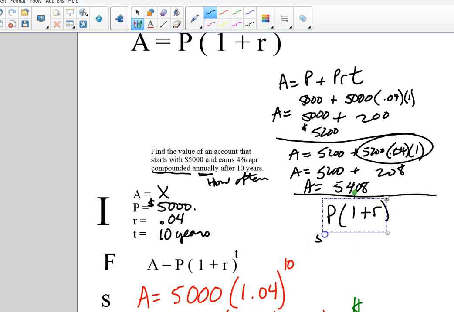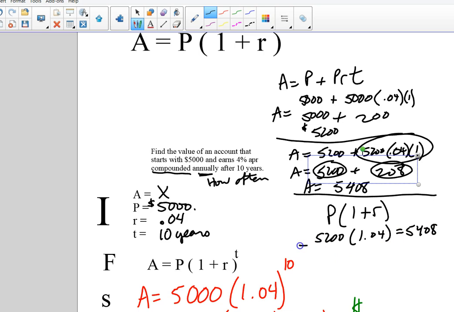If I did 5,200 times 1.04, this would give me 5,200 times 1, plus 5,200 times the 0.04, and that gives me the new total. So this is equal to 5408.